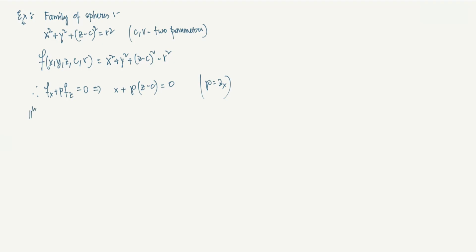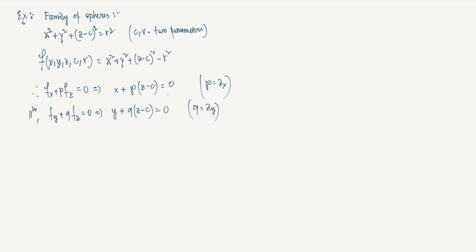And similarly you have fy plus q fz equals to 0. If you solve that, it becomes y plus q(z minus c) equals to 0. Here q is z with respect to y. Is it okay?